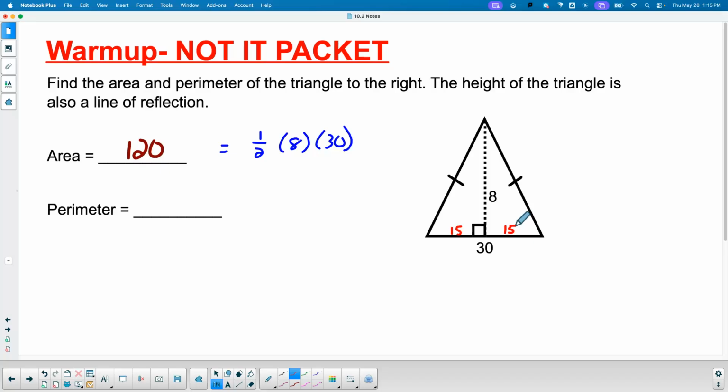So the only thing that the sentence that says the height of the triangle is also a line of reflection does is it splits that side up into two equal parts. Okay? So now you can do 8 squared plus b squared, which is like 225 plus 64 equals 289.